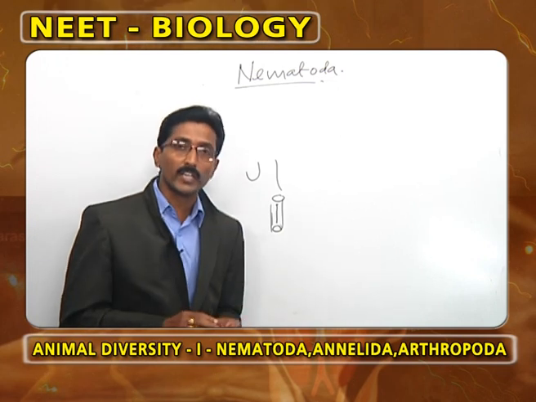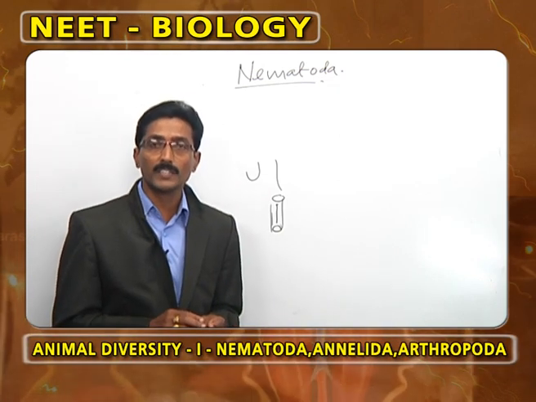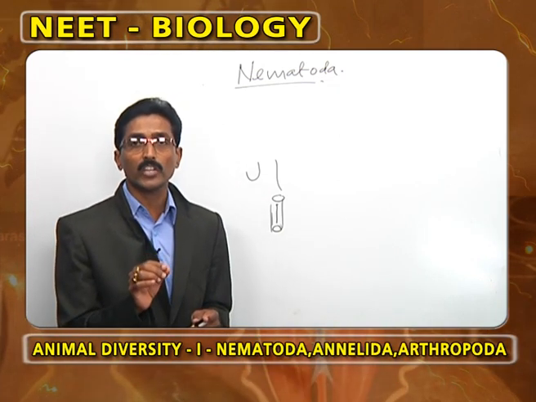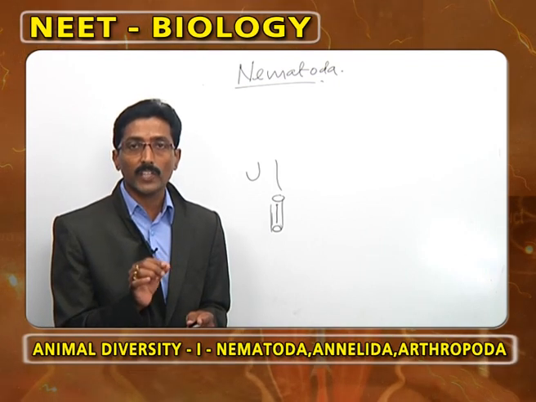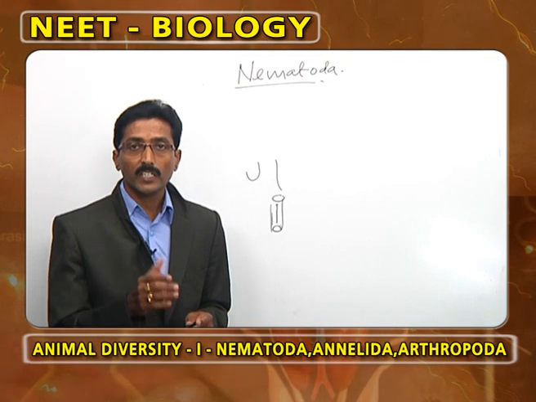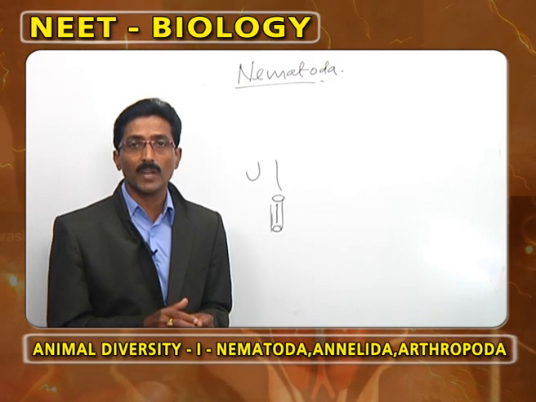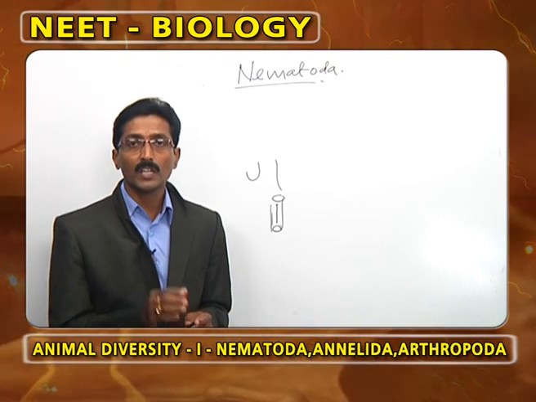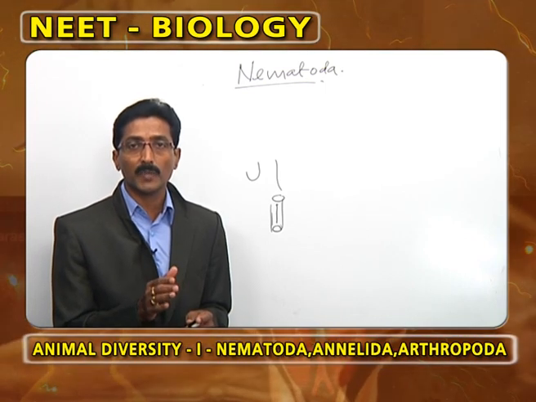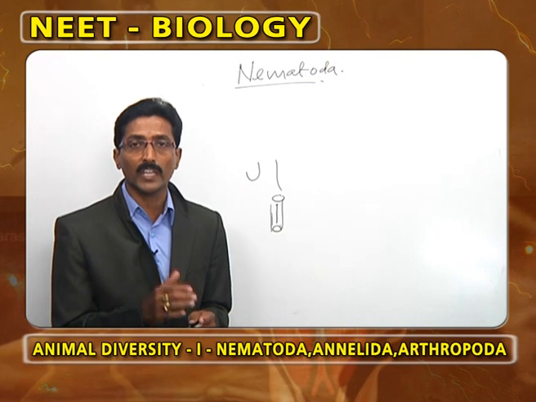Another important character of nematoda is that the tissues are cellular or syncytial. What is the meaning of this cellular and syncytial? This is characterized by a species specific number of cells or nuclei. What is the meaning of species specific number of nuclei or cells?